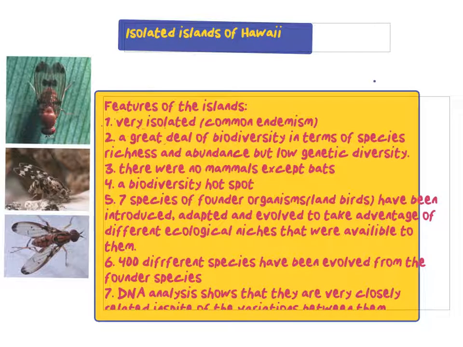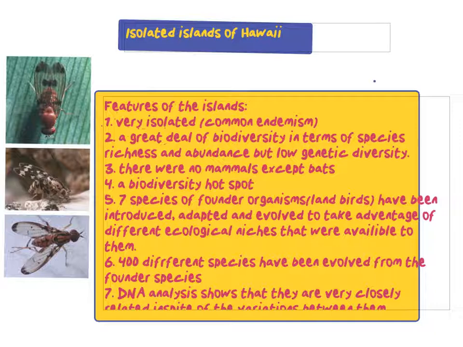Then it was said that there were 7 species of founder organisms that were introduced into the region a long time ago. They adapted and evolved to take advantage of different ecological niches that were available to them. As a result, 400 different species have evolved from those founder species.